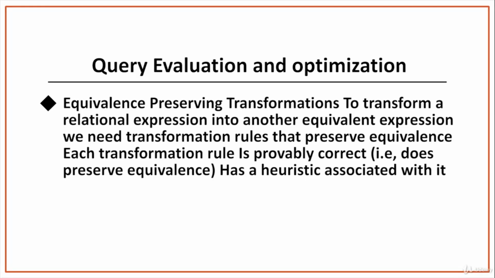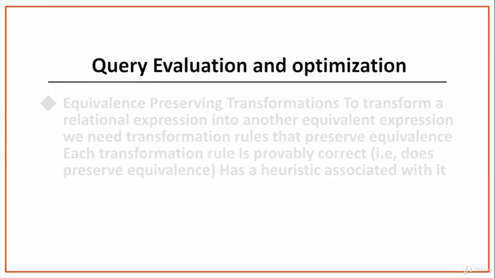Equivalence-preserving transformations. To transform a relational expression into another equivalent expression, we need transformation rules that preserve equivalence. Each transformation rule is provably correct, that is, it does preserve equivalence, and has a heuristic associated with it.